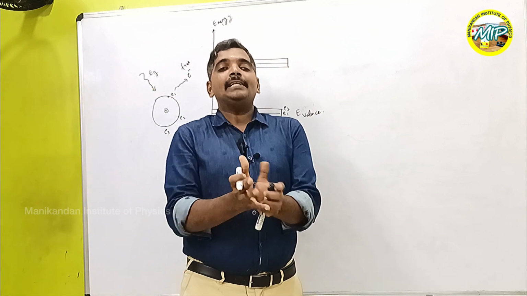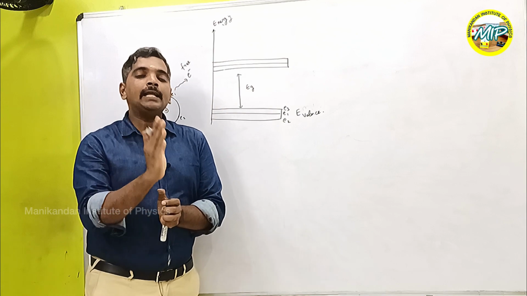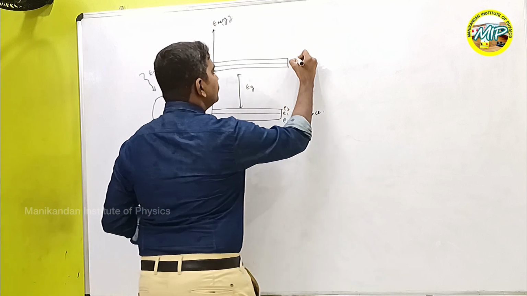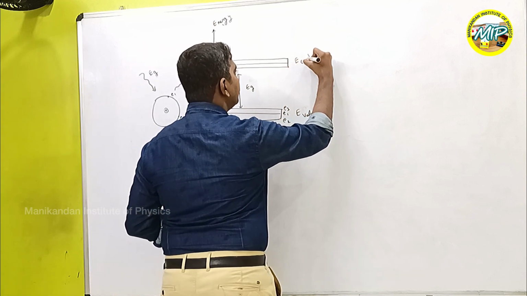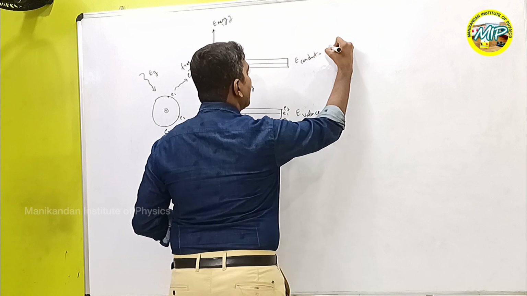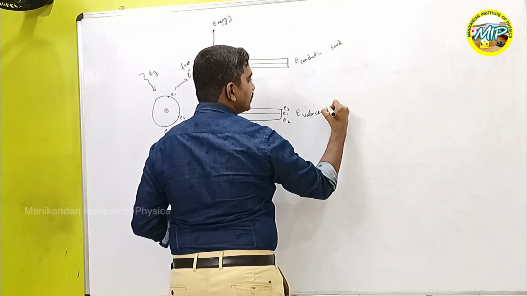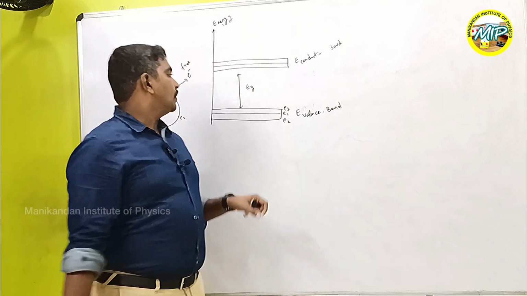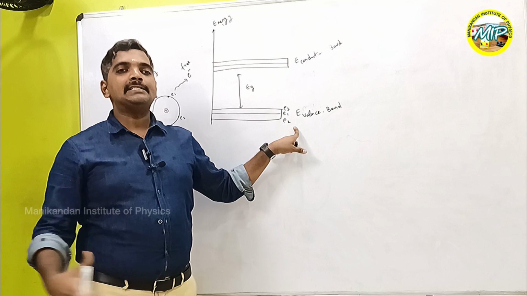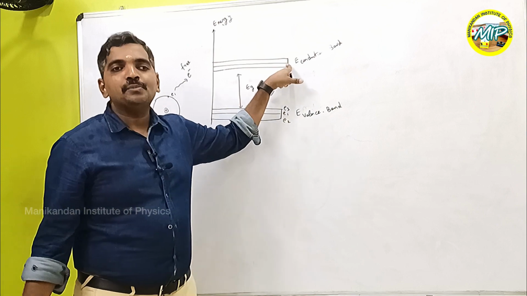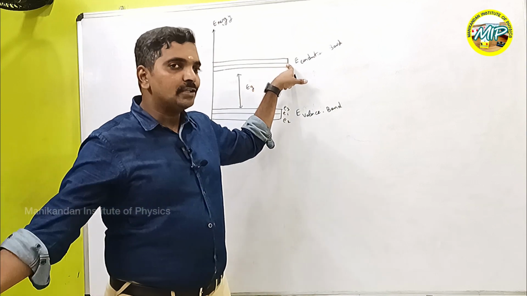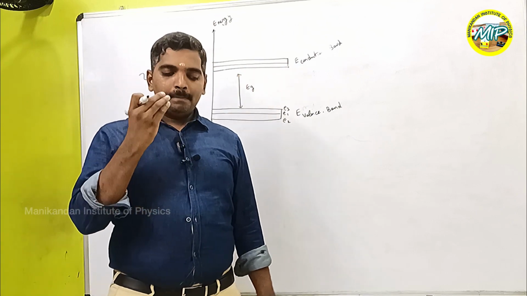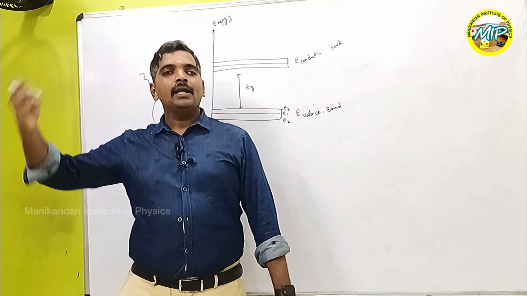It's a set of energy levels possessed by the conduction electrons or free electrons, which is called the conduction band. This is called the valence band. This is band theory. This is the energy possessed by the valence electrons, this is the energy possessed by the free electrons, and this is the amount of energy required to bring the electrons from the valence to the conduction band.